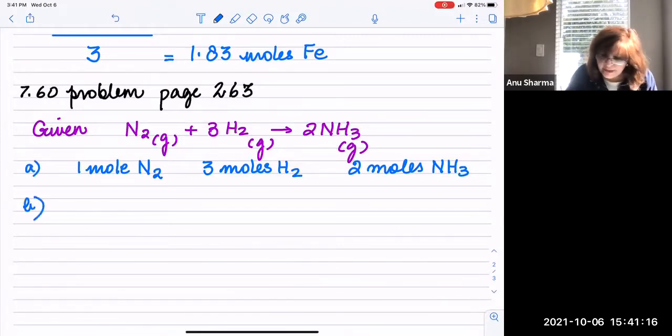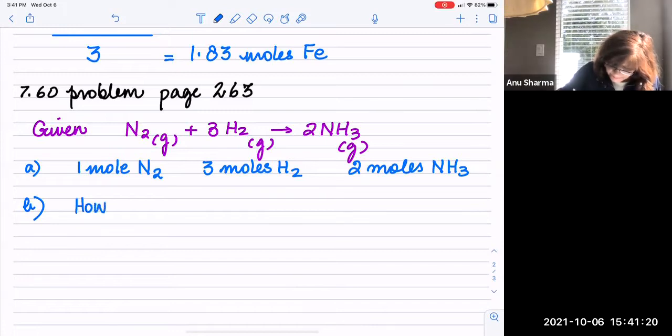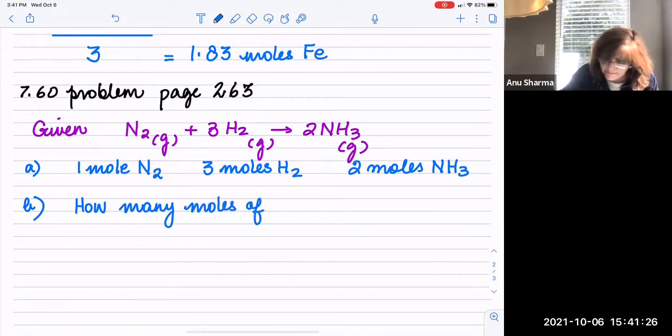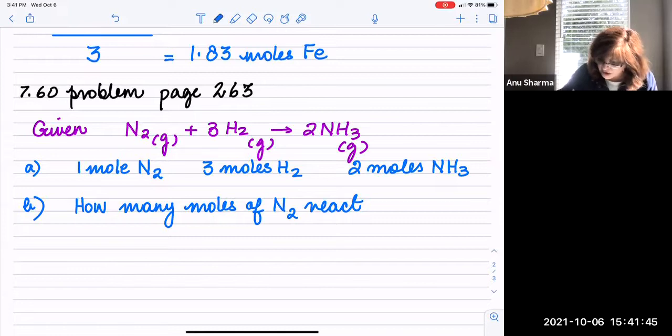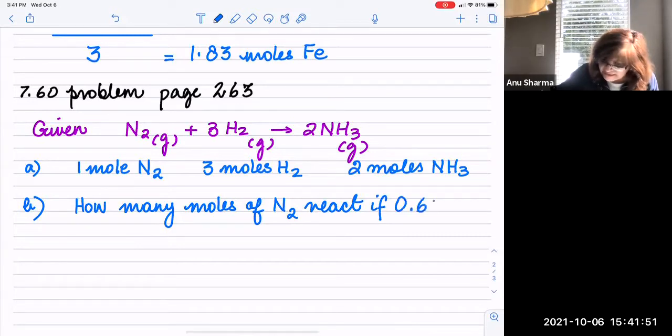Part B is how many moles of nitrogen react if 0.60 moles of NH3 are produced?